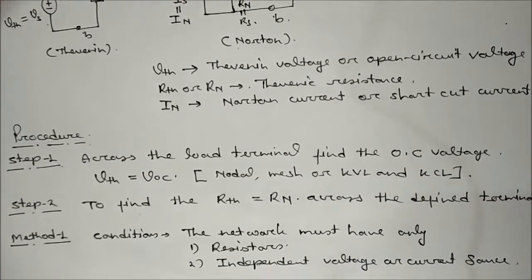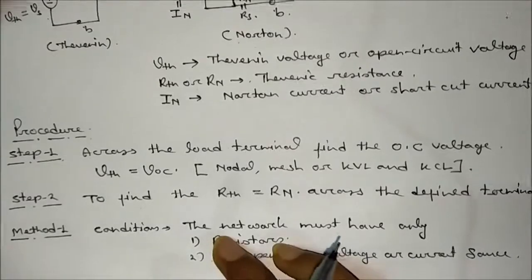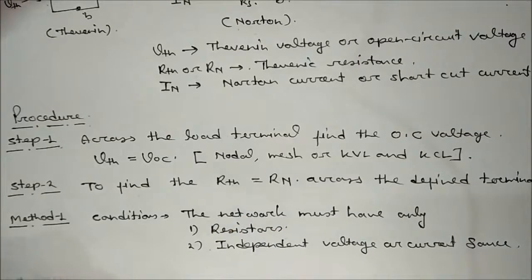If a network consists of resistors only and independent voltage and current sources, then the Rth can be calculated.